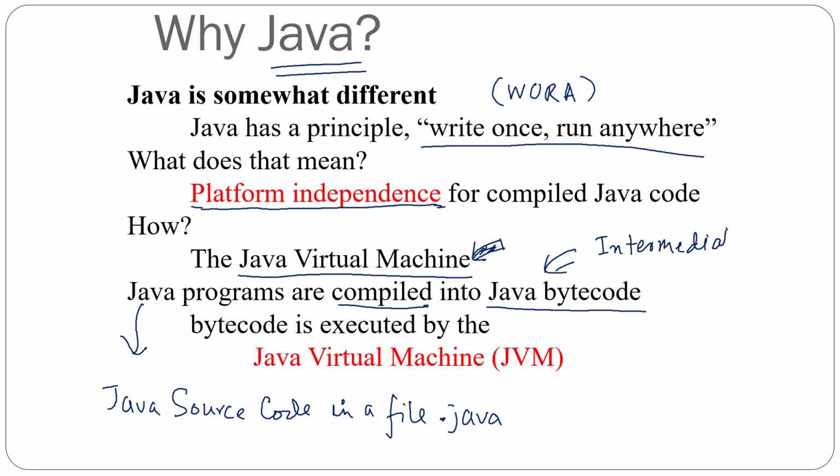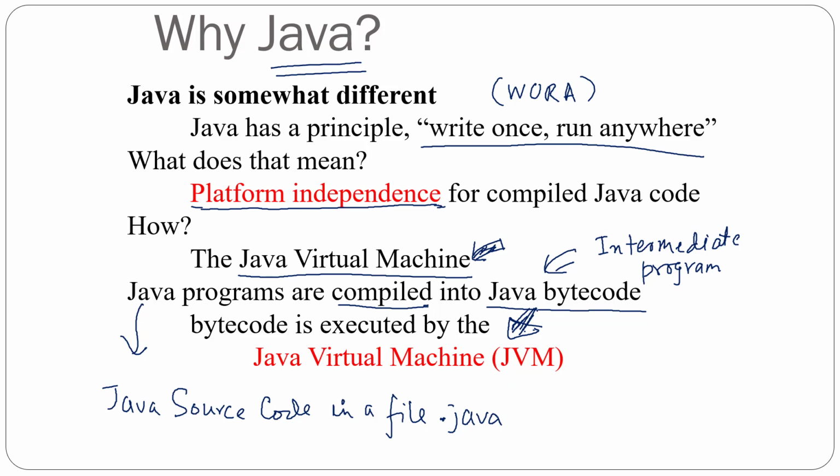The intermediate program that you have is written in bytecode. Now, bytecode is something which JVM understands. So these bytecodes that you have are something that the JVM will execute.